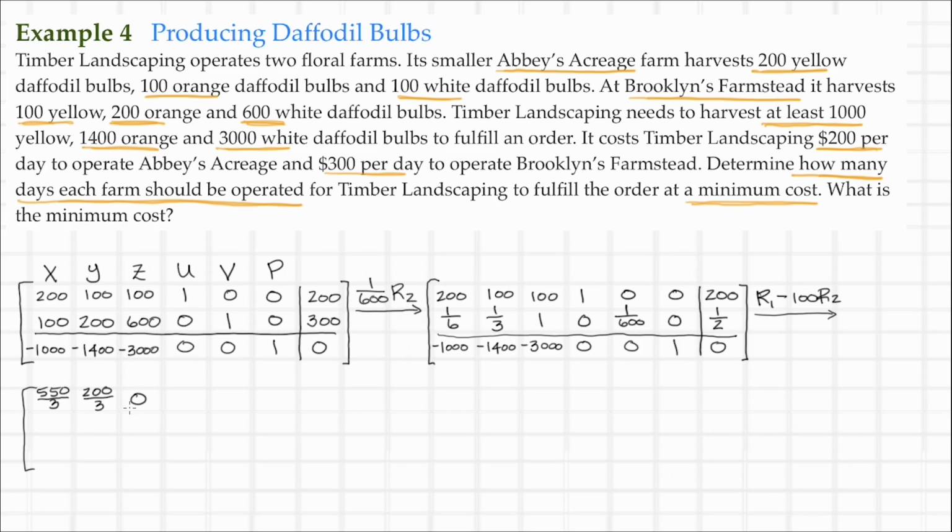Again, that's the whole idea. 0, 0, bring over the 1. 1 over 600 times 100, that's 1/6. 0 minus 1/6, that's negative 1/6. 0, 0, bring over the 0, and bring down our vertical bar. 1/2 times 100 is 50, and 200 minus 50, that's 150.